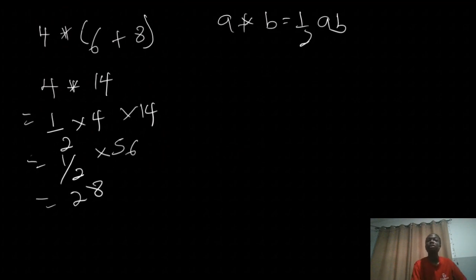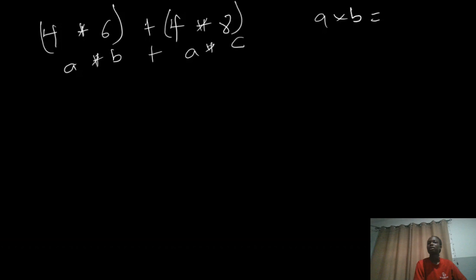Now let's see for the other one. We are going to work with 4 star 6 plus 4 star 8, which is the same as a star b plus a star c. But then our rule is 1 over 2 ab.